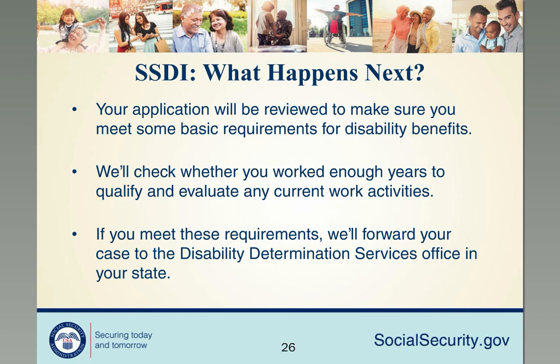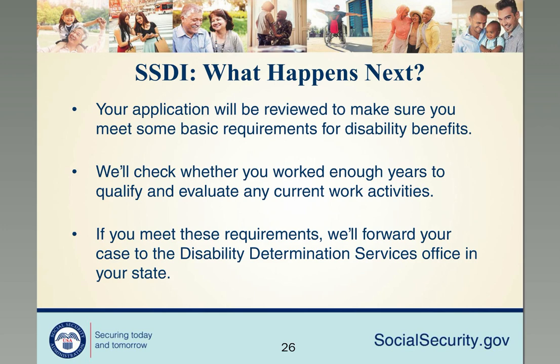We'll check whether you've worked long enough and enough years to qualify and evaluate any current work activities. Meaning, like I said, when you become disabled, we're going to look backwards 10 years. And in that 10-year period, you need to have worked the equivalent of 5 years in order to be qualified for benefits. Now then, when I say work for 5 years, this isn't a lot of money.